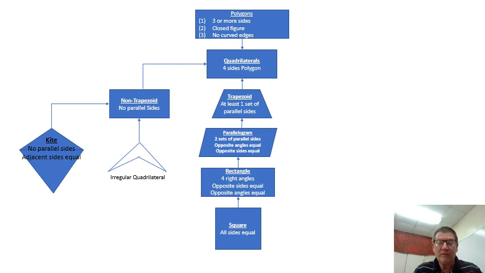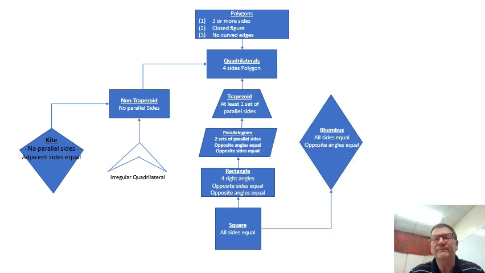Now, with that, we put in a rhombus. A rhombus was kind of unique because all sides were equal and opposite angles were equal. When we looked at a square, we found that all sides were equal and opposite angles were equal also. So a square could be a rhombus, but not all rhombuses are squares because the angles aren't always 90 degrees.